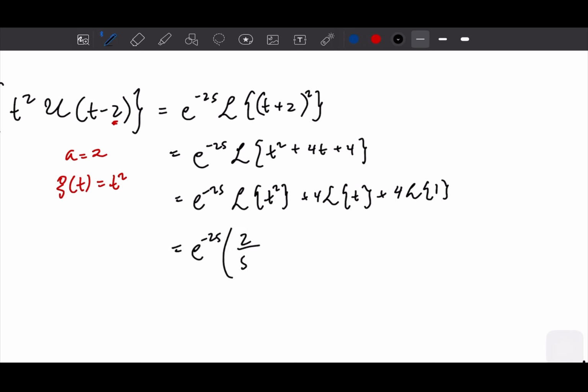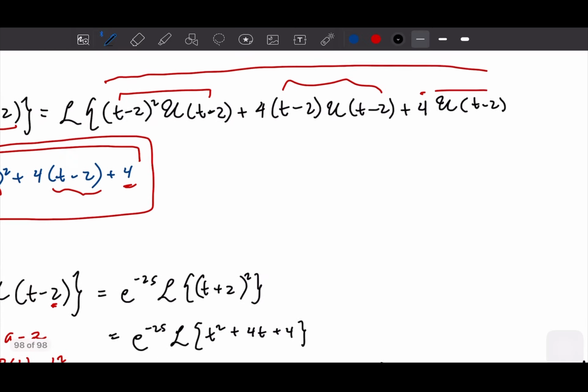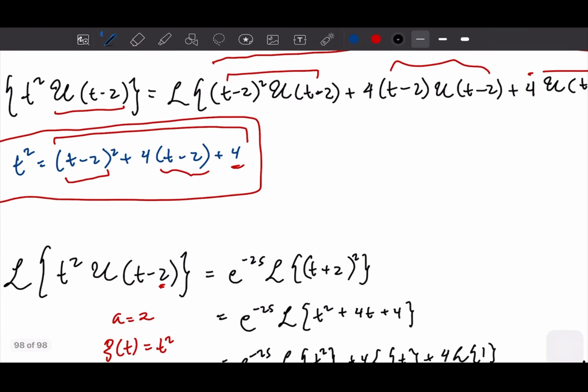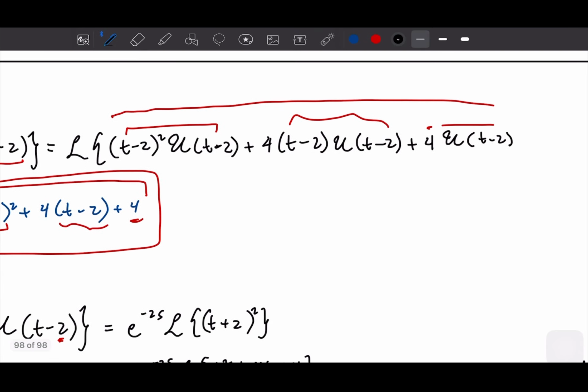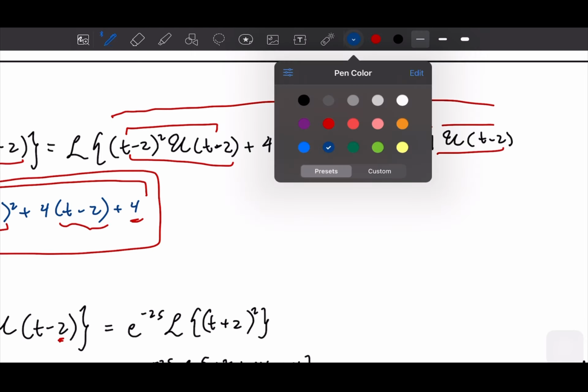And this will be 2 over s cubed plus 4 over s squared plus 4 over s. And this is actually similar to what we have here. So we could take this one by one, right? Let me write with the light blue color.